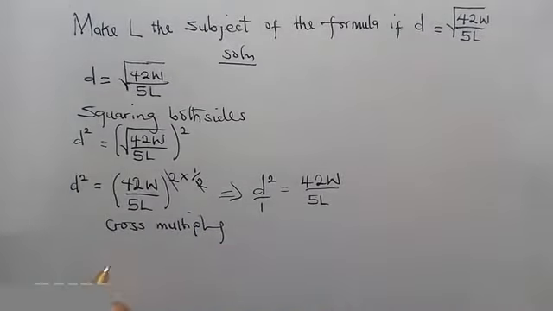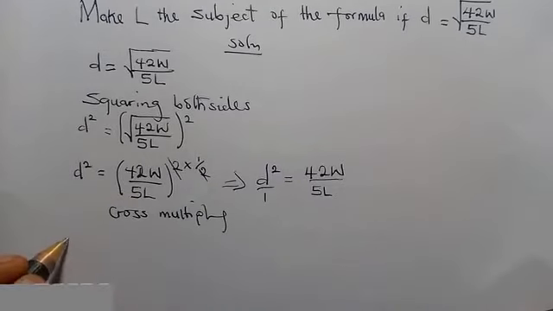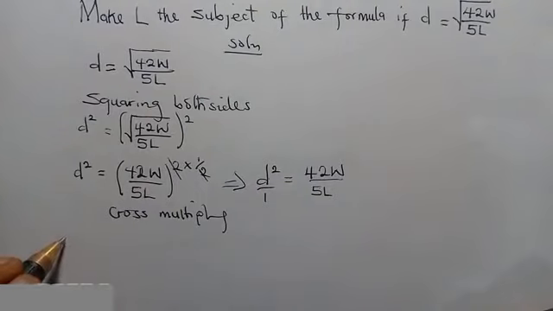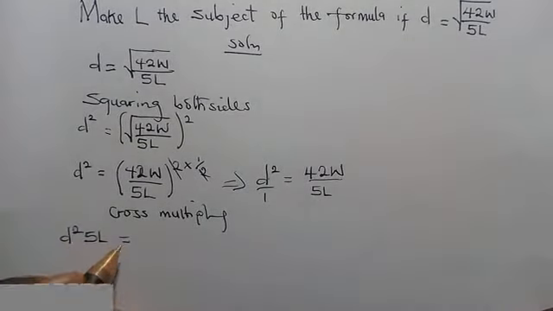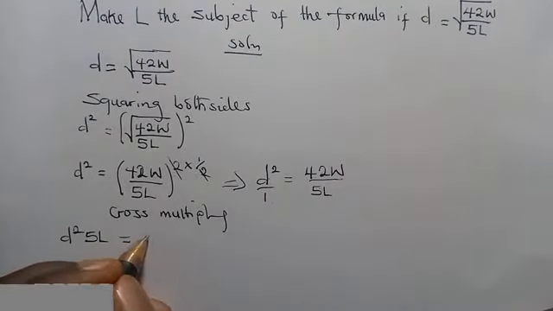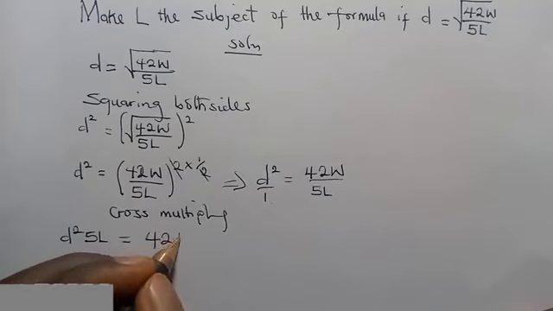Cross multiplying, we will have D square times 5L equal to 1 times 42W. We are going to have 42W.